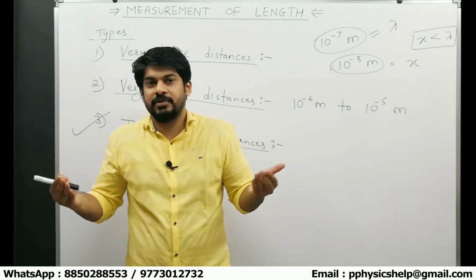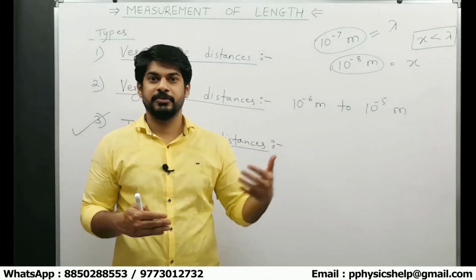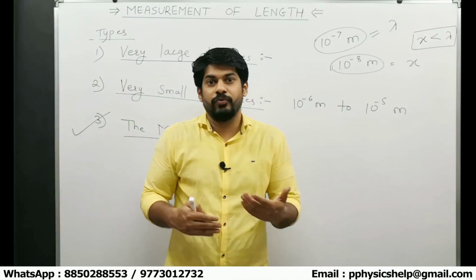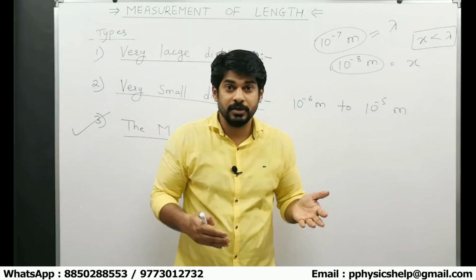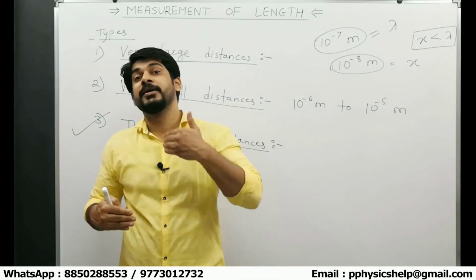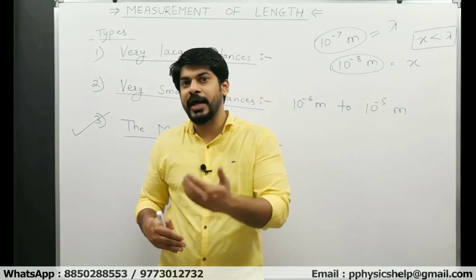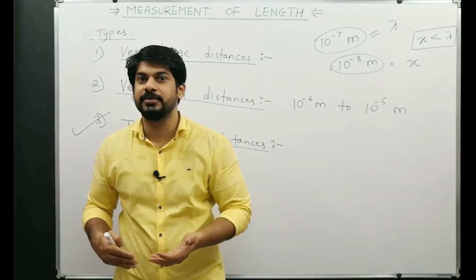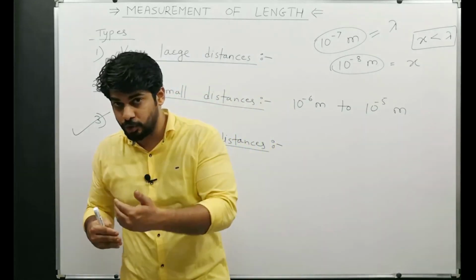But these instruments are not to be handled by any 11th or 12th standard student, or any other kind of student. They have to be handled by experts from this field, who should have the knowledge of how to operate them. So these are quite sophisticated instruments, the electron microscopes.